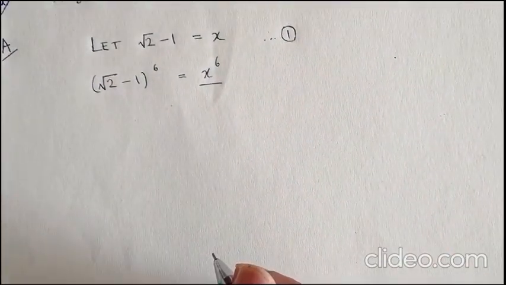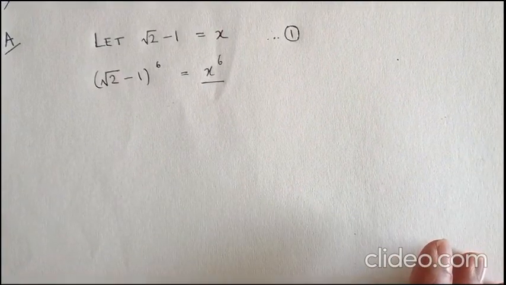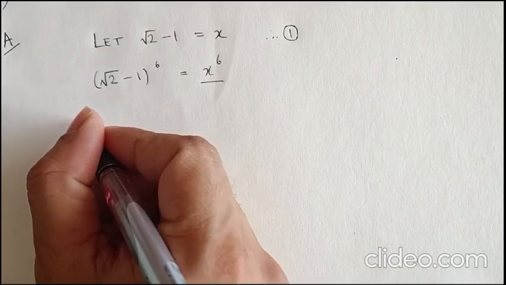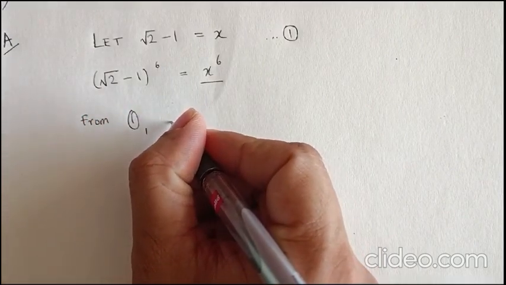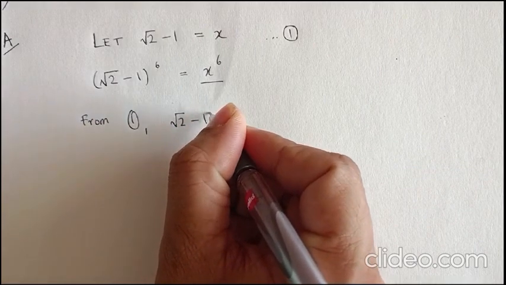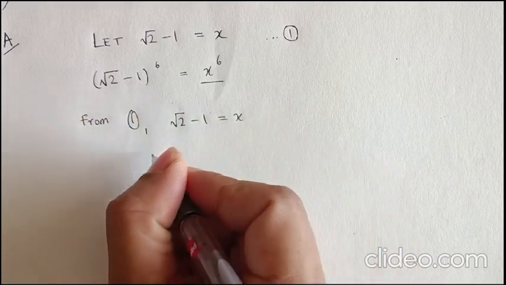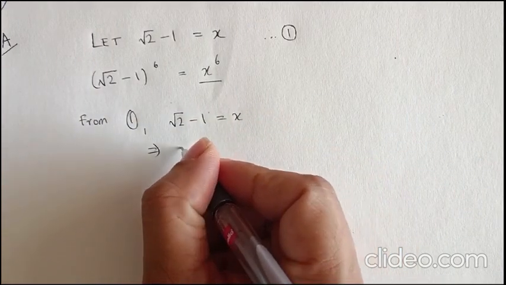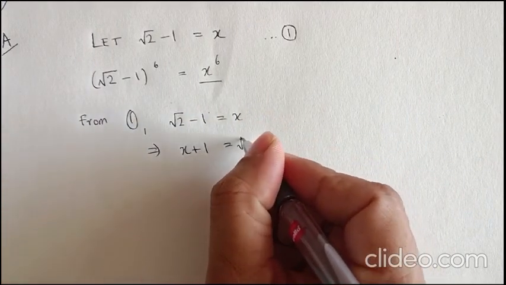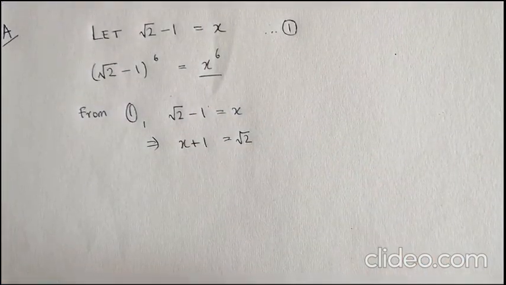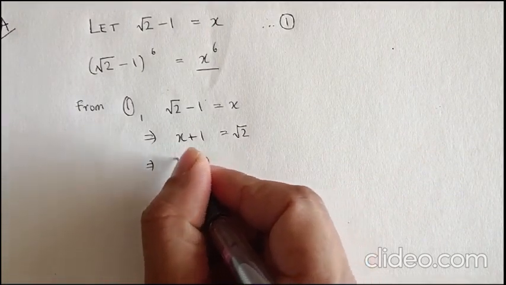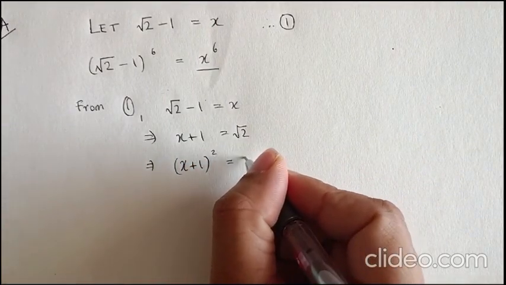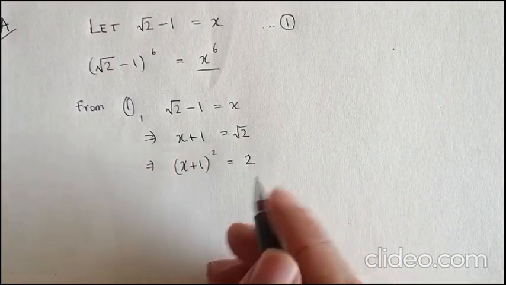Okay. So now what do we see from 1? From 1, root 2 minus 1 is equal to x, which means x plus 1 is equal to root 2, right? Which means x plus 1 whole squared will be equal to 2, right?